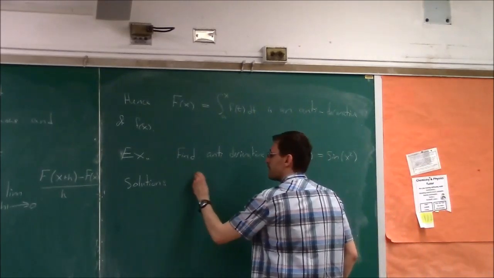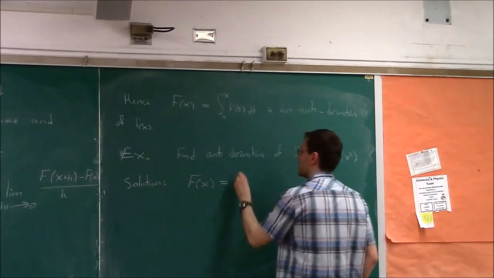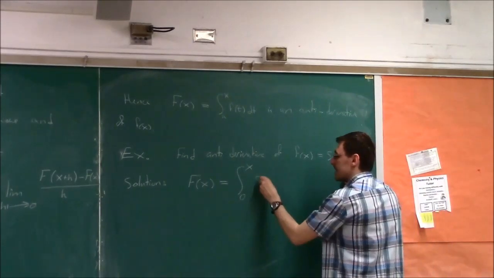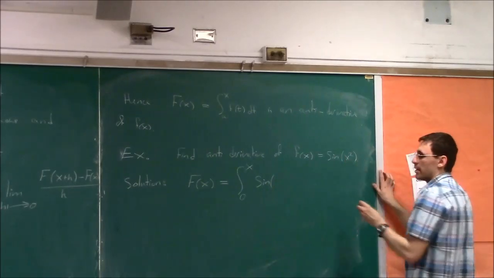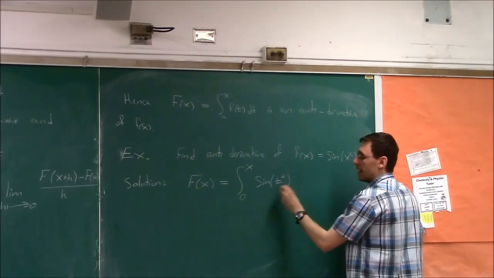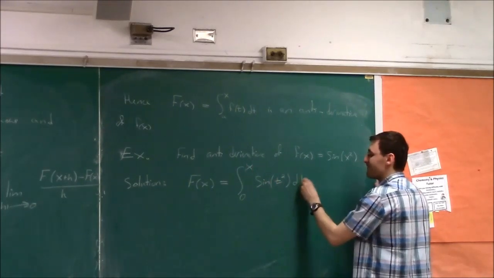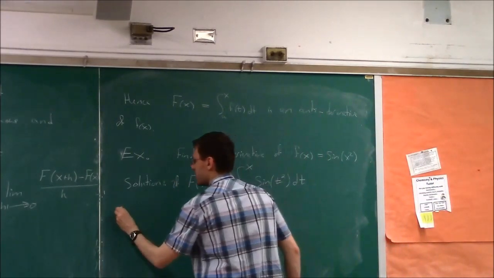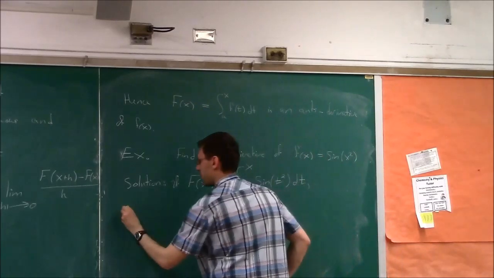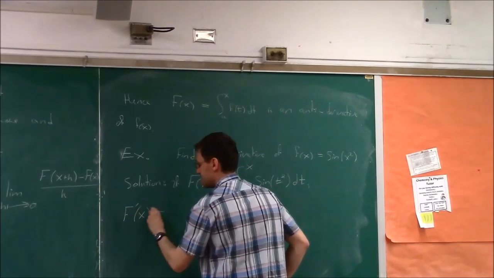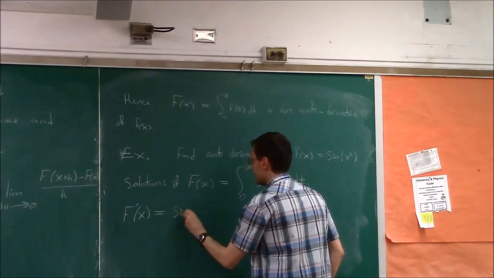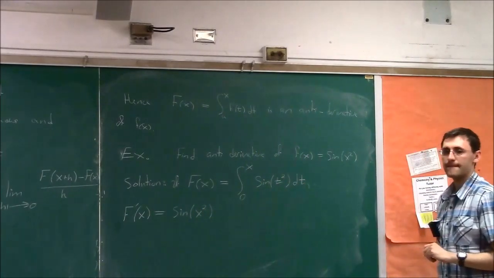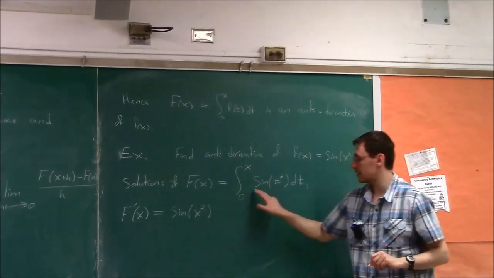If I take capital F of x equal to, say, the integral from 0 to x of sine of anything other than x squared, so it has to be t squared, let's say, or another letter so that it's not the same value, then its derivative is sine of x squared. And therefore, all antiderivatives of this function can be written as this integral plus c.